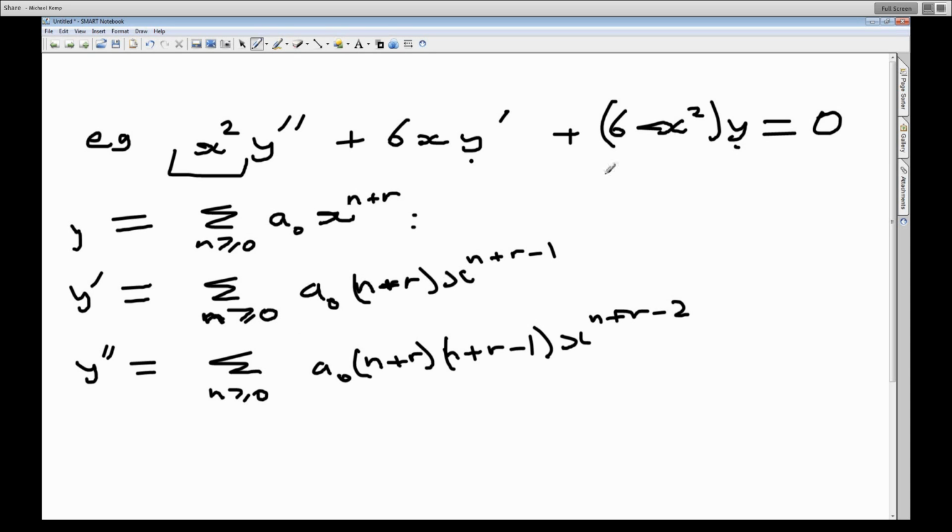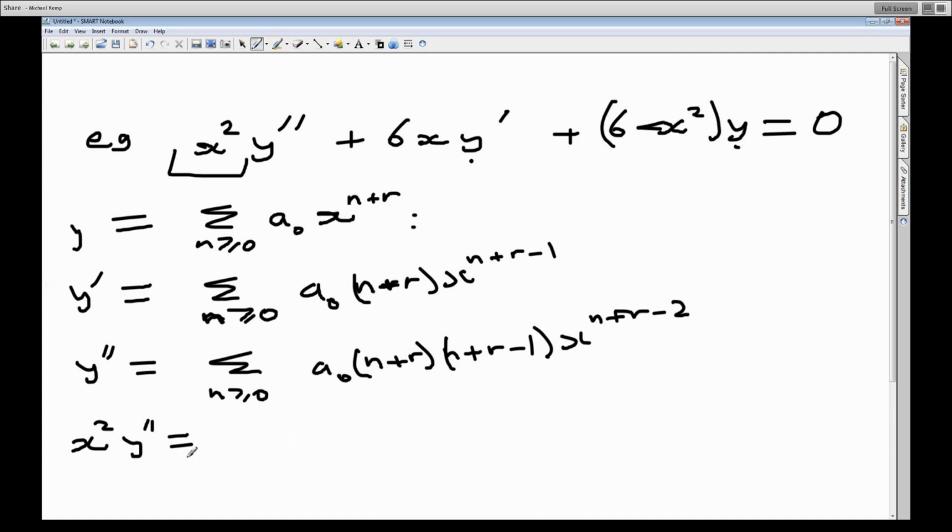Now, before I try to sub it all in one go, it's useful to ask what's going to happen if I multiply, say, the first term here, x squared times y double dash, and then just do it term by term. Let's not get carried away. Although we have to do it a step at a time, we really are just subbing in.